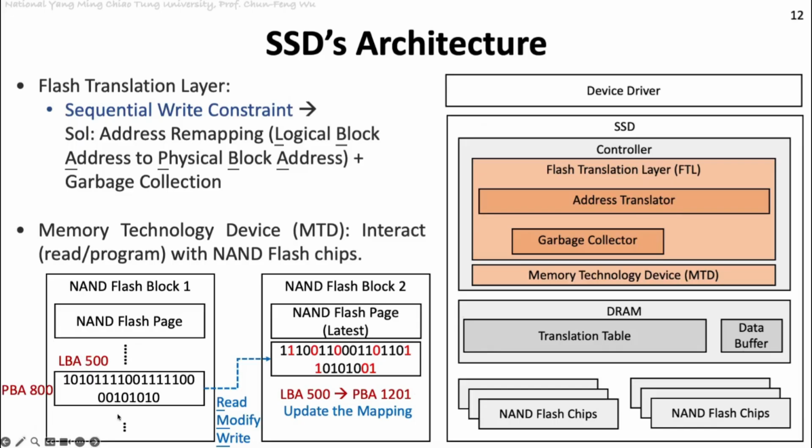With this design, the application and the operating system don't really know the constraint inside the SSD. They even feel like the SSD is just like a hard disk drive. They can support in-place update. And this is all because the SSD FTL controller helps to cover all this stuff inside the SSD.